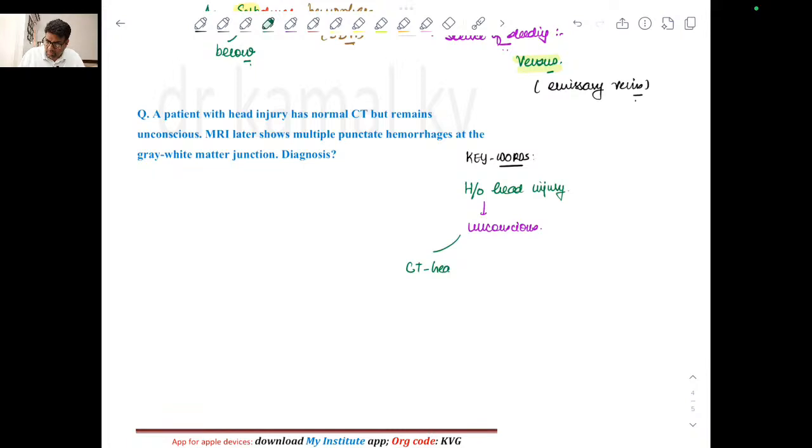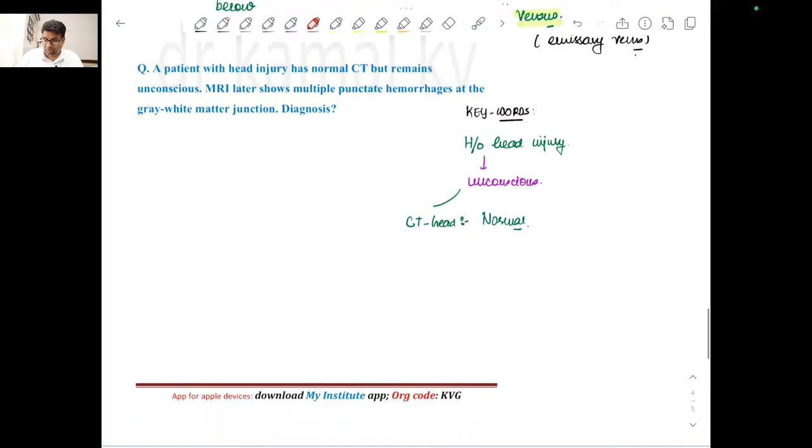CT scan of head, because for acute cases of bleeding in the brain we go for CT head, right? Because that takes around only 2 minutes, and acute bleeding is very well visualized on CT head. But here it is coming out to be normal, but the patient is unconscious, and after some time when we do MRI, what we see?